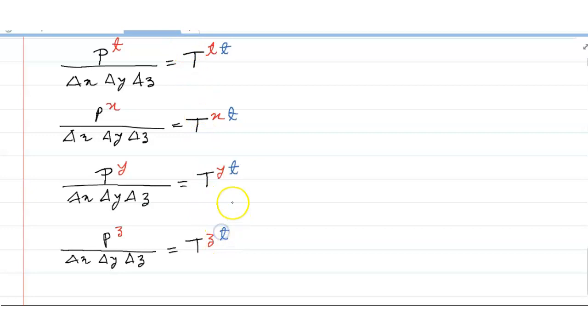So friends, here t is constant. We can count up the total time momentum, x momentum, y momentum and z momentum. This gives the tt, xt, yt and zt components of the energy momentum tensor.